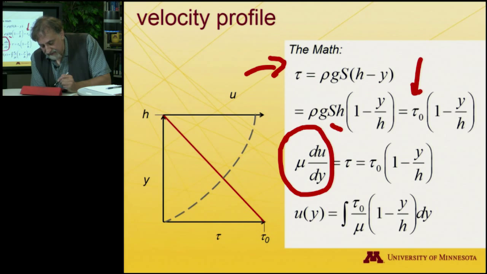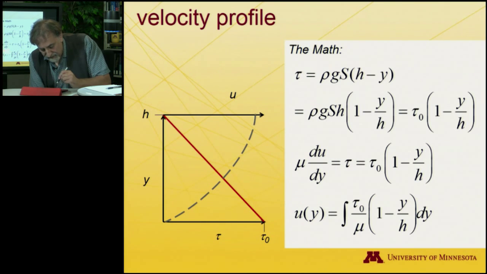I now have a simple equation with du dy on one side, y over here. It's a nice, easy equation, and I can just integrate it once, as David has done several times with you, to convert du dy into u of y, which is what we want. So this is our relation. We just have to do a pretty simple integral, and we are done.